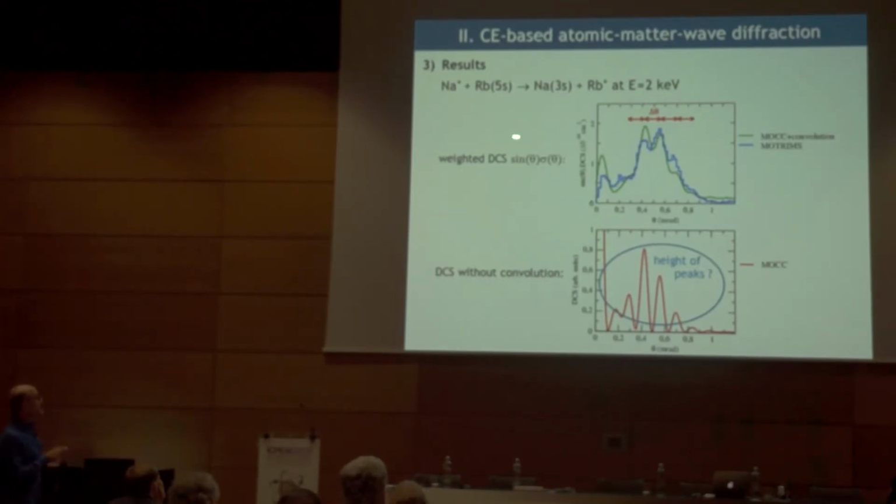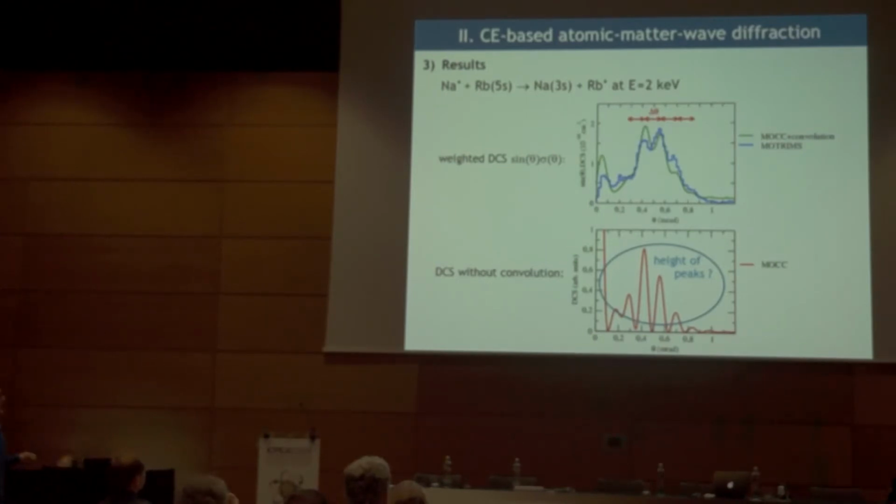Because if I plot not the weighted DCS, but the DCS as a function of theta, I observe here that the relative height of the peaks is quite strange. We indeed expect from diffraction that the height of the peaks progressively decreases as the angle increases. And this is clearly not the case.